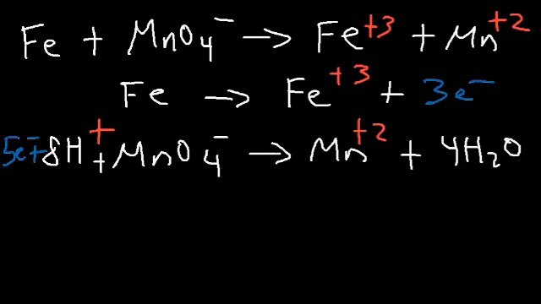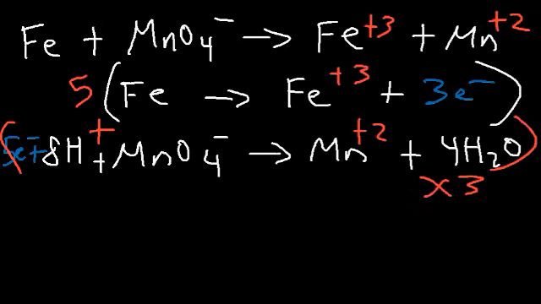So the least common multiple of 3 and 5 is 15. So therefore, we need to multiply the first reaction by 5 to get to 15 electrons, and the second one by 3 to get to 15.